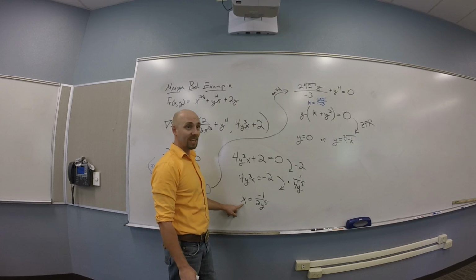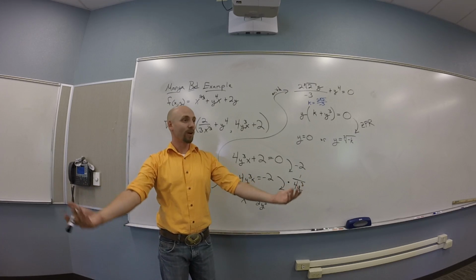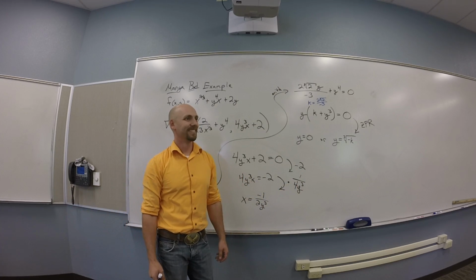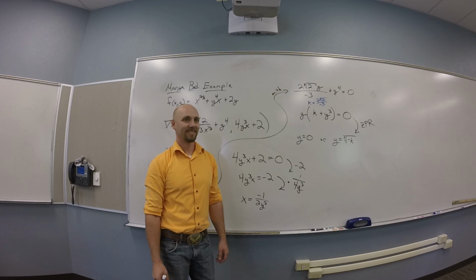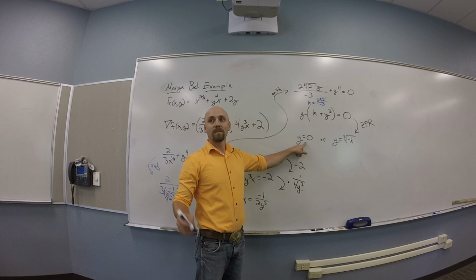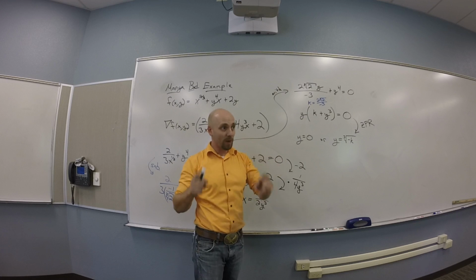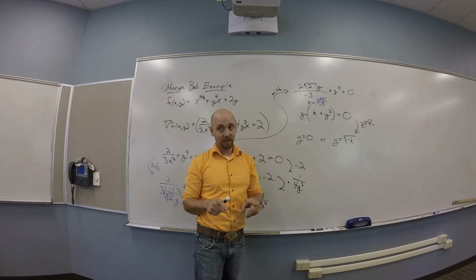Cool. Why is that cool? We can't really do anything with it. Because it means there's not a critical point at y is 0. I thought we couldn't prove that was a critical point, but keep in mind, that's not a point where it's undefined.